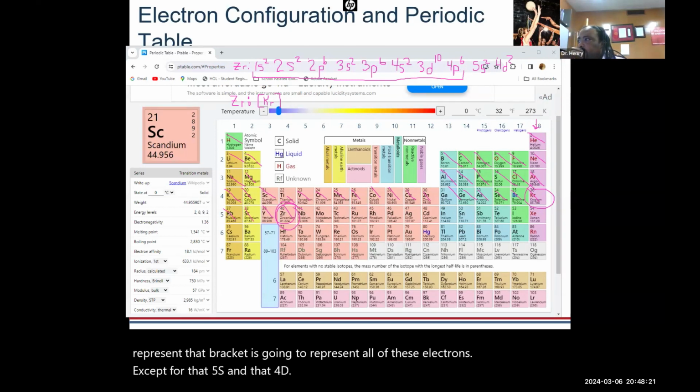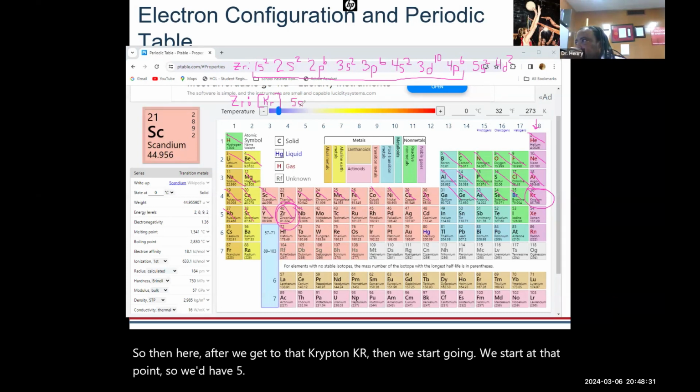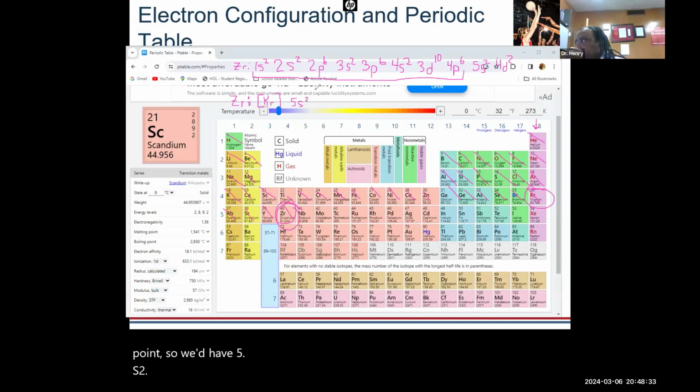So after we get to that krypton, Kr, we start at that point. So we'd have 5s2 and 4d2. And that's how we'd write it.